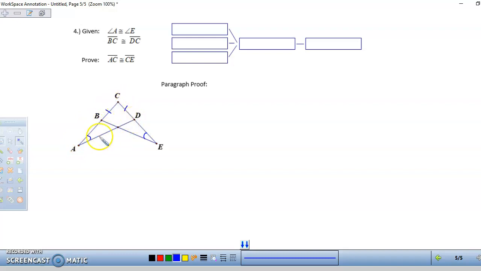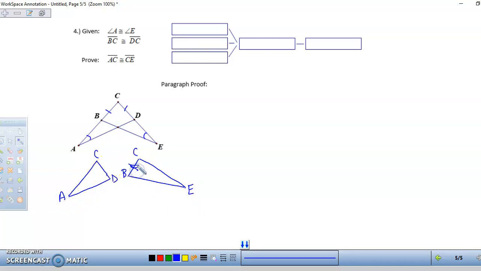You actually want to use these overlapping triangles. So when you have overlapping triangles, I would recommend that you actually redraw them and relabel them. Okay, so this would still be C and that would still be C. This would be D and this would be B. And then this would be A and this would be E. So now we're going to remark everything.